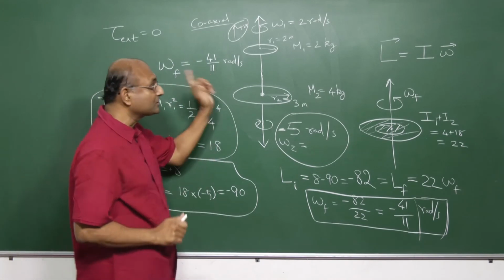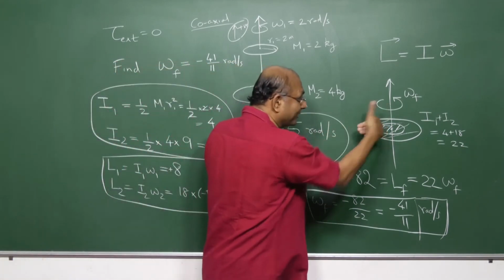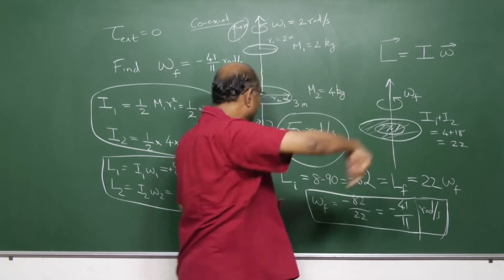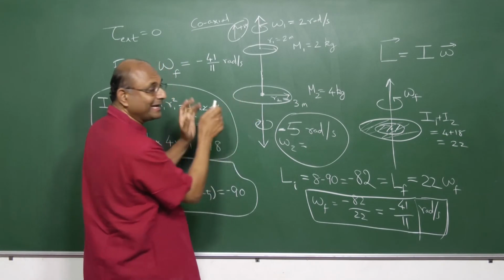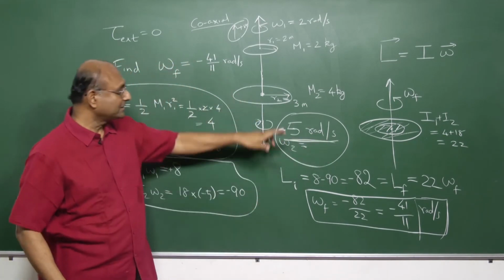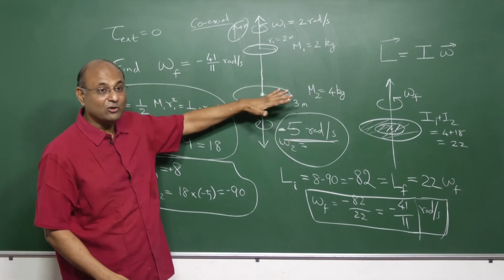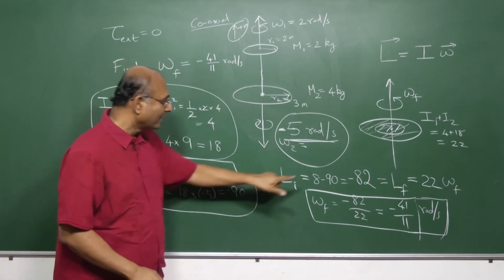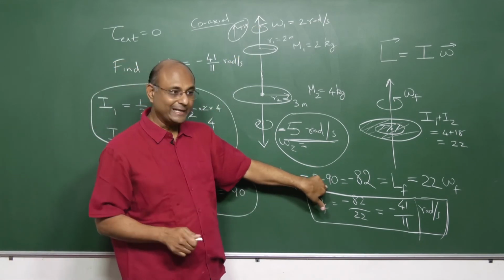What does that mean, minus 4? It means this whole thing is not rotating in this direction. It is rotating in this direction. It is rotating like this. Because you see, this one had a very large moment of inertia and it also had a very large angular velocity. So it had a large angular momentum in this direction. This had a small angular momentum in that direction. Notice I am subtracting and I am not just adding.